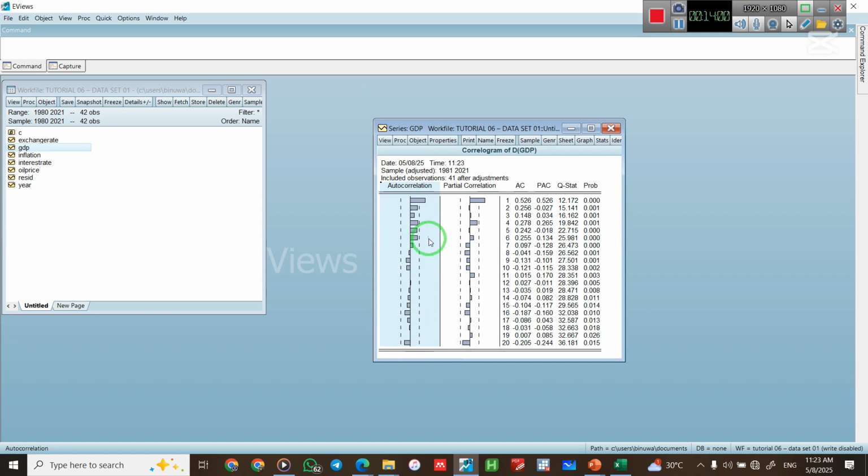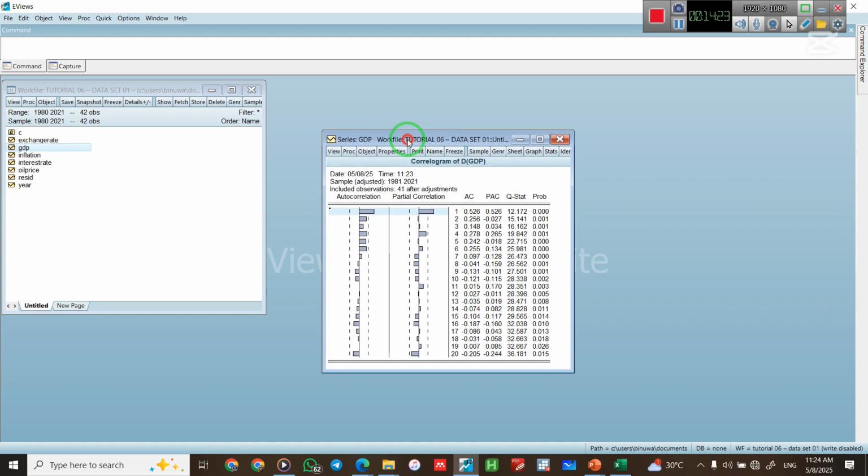In here we can see that the first lag goes beyond the significance level, right? In the previous case when we were estimating the ARMA model, we could not see anything go beyond like this, but in here we can see that this first lag goes beyond its significance level, right? So now we are going to estimate the ARIMA model based on this.